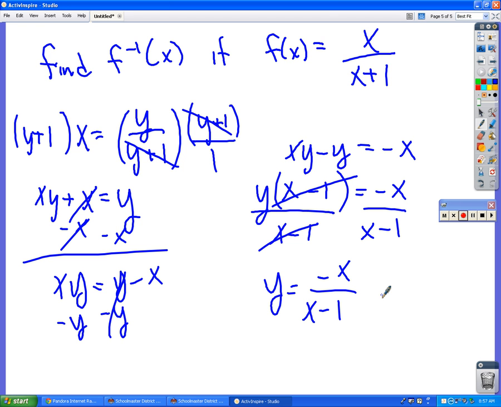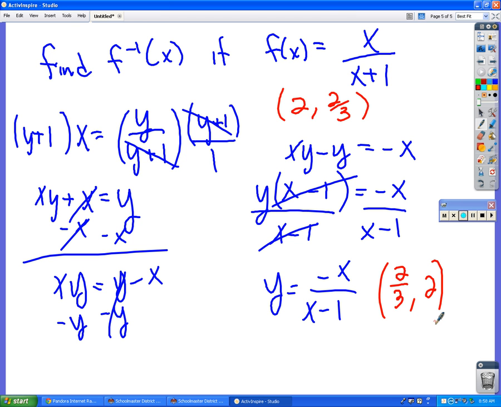Okay? So what I want to show you though is pick a number for x. 2. So if I plug in 2 for x, what do I get up here for y? 2/3. Okay? So here's an exciting thing. If I choose 2/3 as my x down here, guess what you get for y? 2.